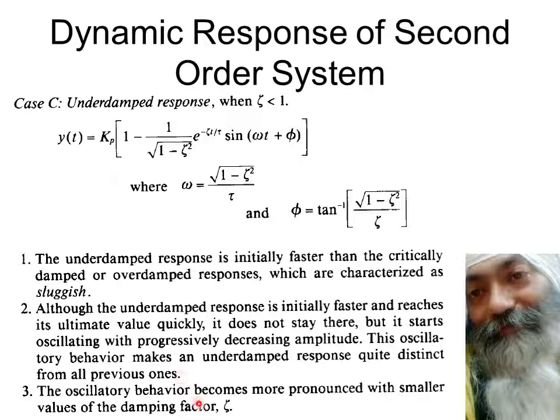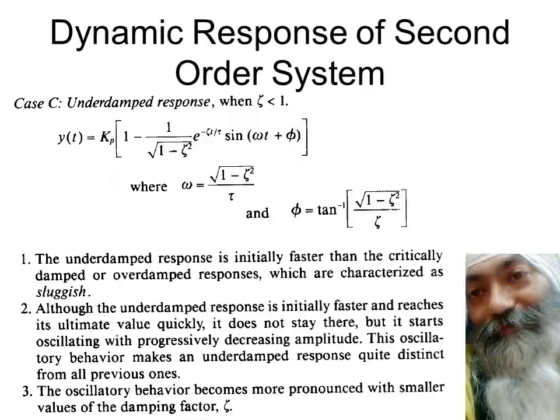And as the value of zeta becomes smaller and smaller, its oscillations become more and more pronounced, more and more prominent, more and more visible, with higher amplitude, and so on. Of course, they will all decay down. Nothing to worry as such.